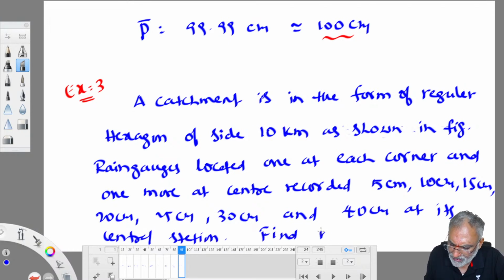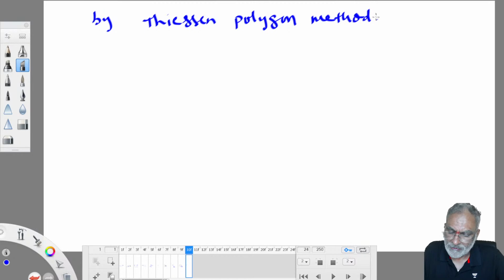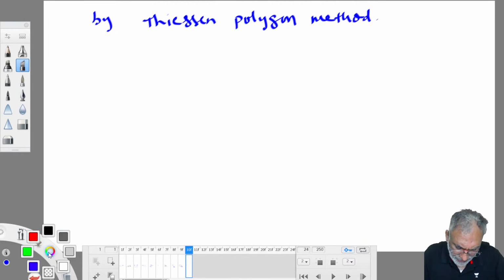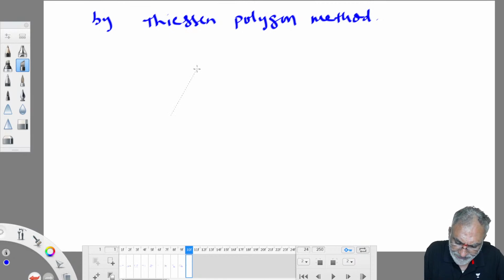Find mean precipitation by Thiessen polygon method. As given, it is a regular hexagon. A regular hexagon is made up of 6 equilateral triangles.